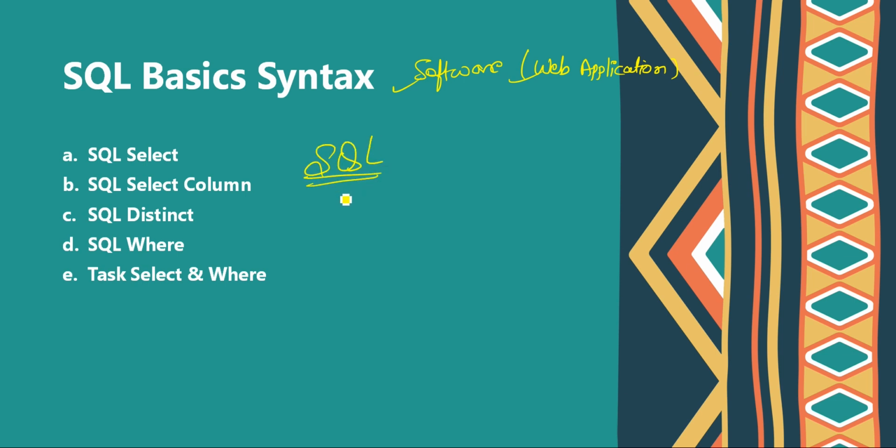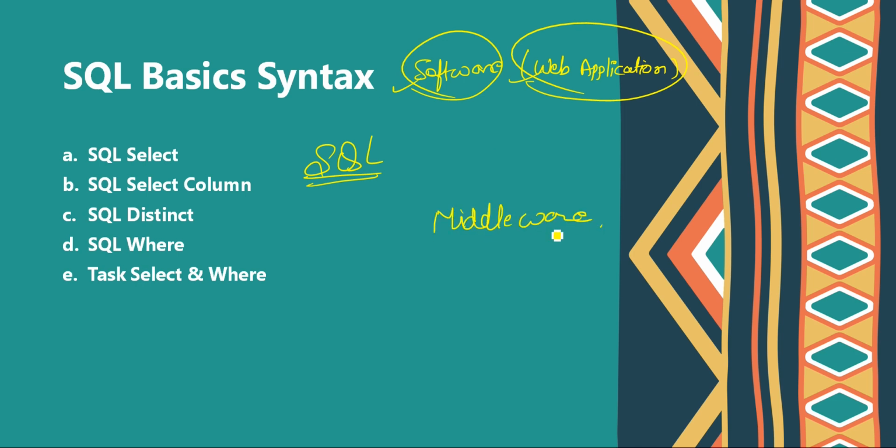Obviously, as we are just learning SQL, but for developing this software and web application, we need to learn some middleware. Let's say if I want to develop a web application, I need to learn PHP, .NET, or Java, or others.